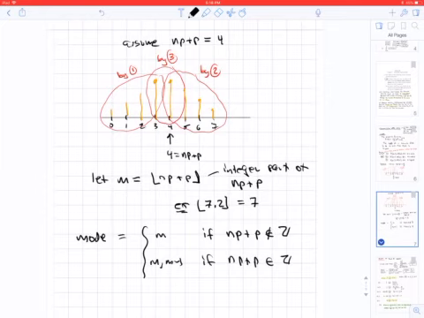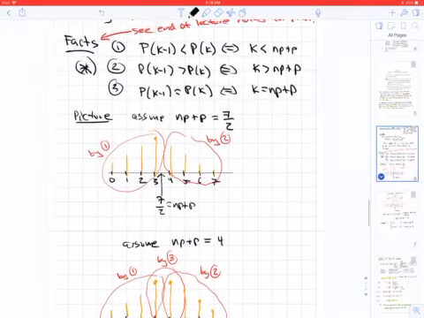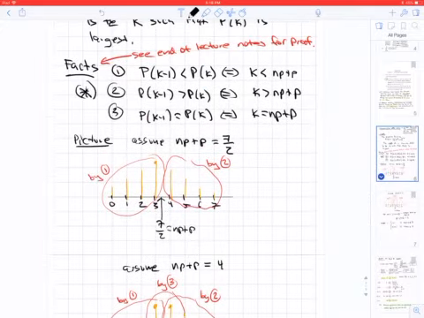Okay, so let m be the floor of np plus p. So that just means the integer part of np plus p. For example, the floor of 7.2 is 7. So we define the mode as follows, right? So the mode, we're going to break it into two cases. So if np plus p is not an integer, so let's take a look in this case.